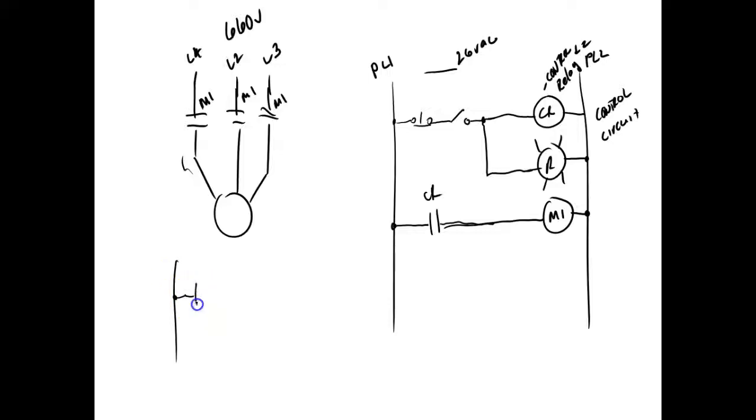So we would have this guy right here, right? And of course, we want this to be an examine if closed. And then we'd hook up something else right here. And then I would put an output. Why does it need an output? Because it's going to control the light bulb.